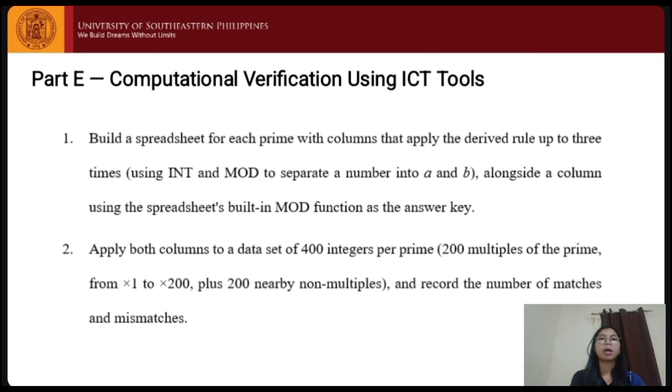This can be seen in the appendices, and we have a separate file for the spreadsheet. This allows us to quickly test hundreds of numbers while eliminating possible human computation error.